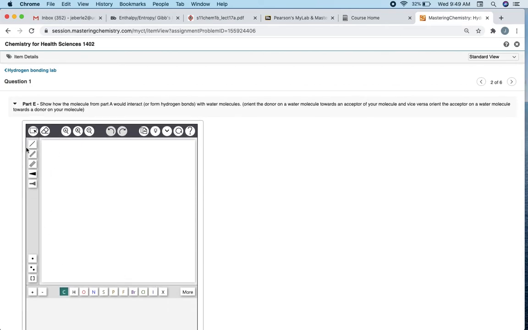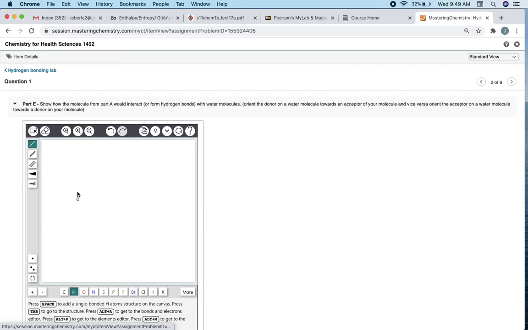So I'm going to redraw the structure really quick. And it doesn't have to be perfect. You can see mine's a little bit crooked. That is okay.